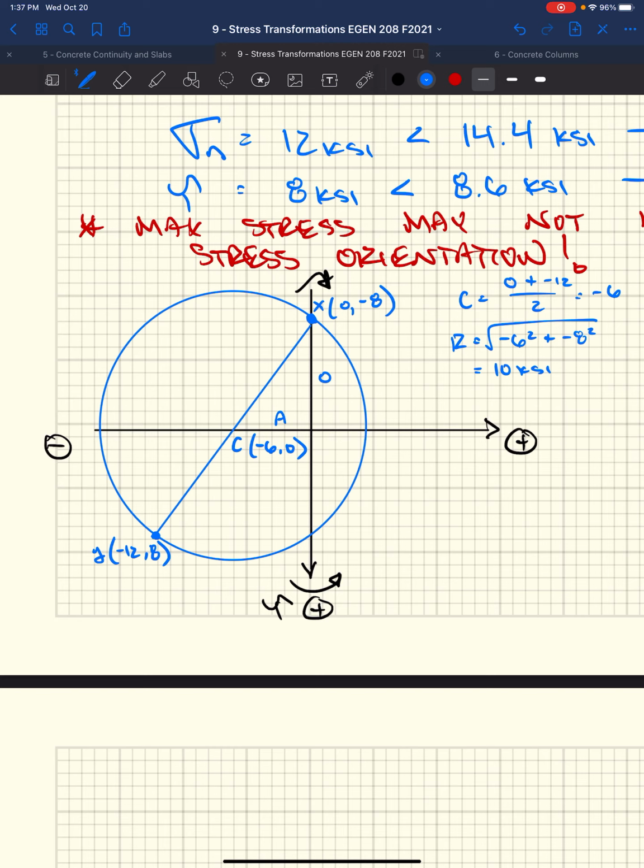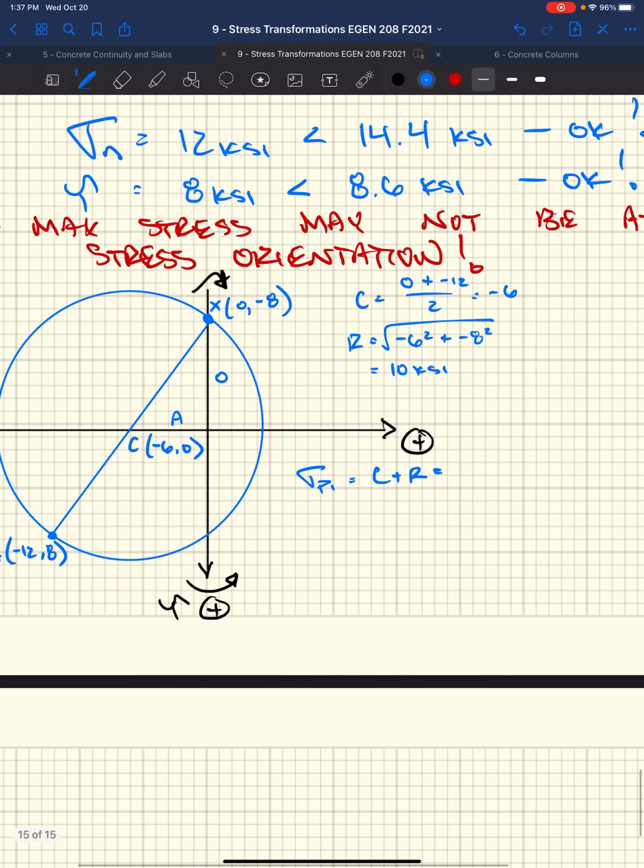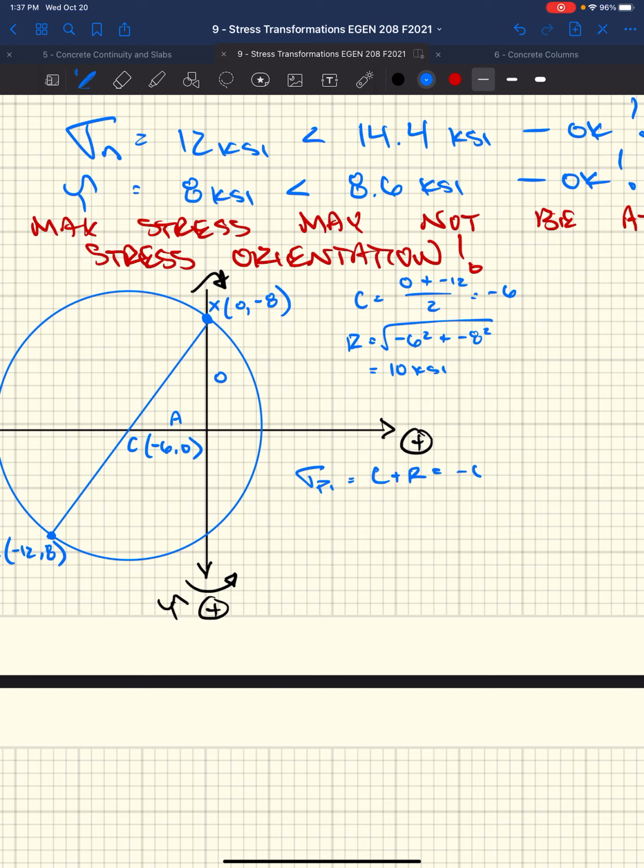Well, if we're looking for our maximum shear stress and our maximum normal stresses, right, which are our principal stresses, those principal or max stresses are the center plus the radius. In that case, we have -6 plus 10, that is 4 KSI.